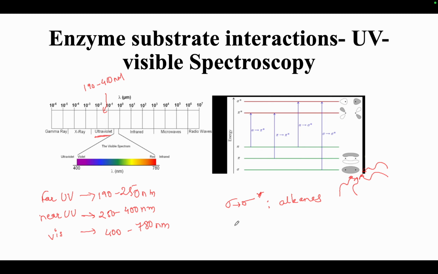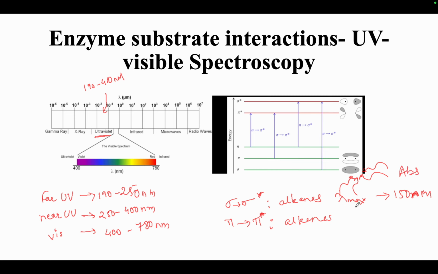Whereas in alkenes, where there is a double bond, we have a pi to pi star transition. We can measure this transition because for the sigma to sigma star transition we have a lambda max at 150 nanometer. That is, we can measure the absorbance.